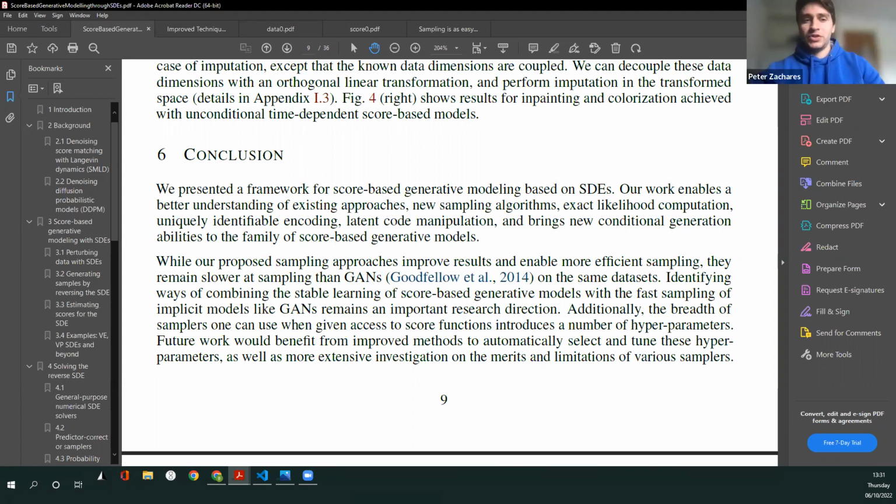One quick question: they mentioned that GANs are faster at sampling, but for example, DALL-E has been mass distributed for people to try out and use. So I guess even though these methods are slower, they produce better quality samples. Is that the idea? I'm not too sure.